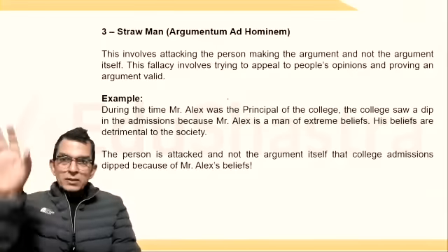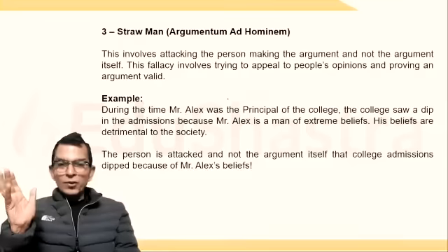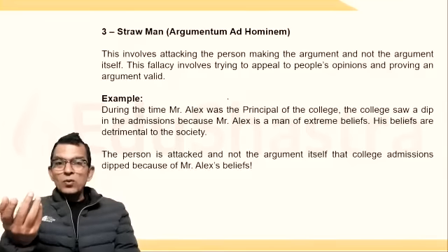That is happening in our political world. You see that, both sides, the ruling side and the opposite side. We take the person, make fun of him, do everything we want to do with that person, but where is the argument? What was the argument being made? This guy is that way, this guy is that way. So this involves attacking the person making the argument and not the argument itself.